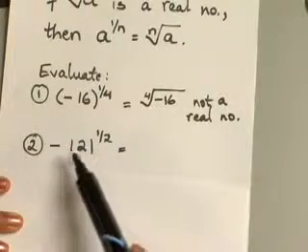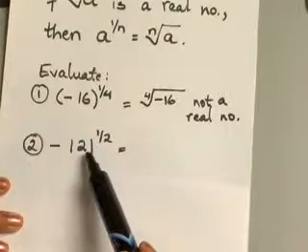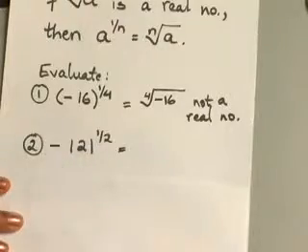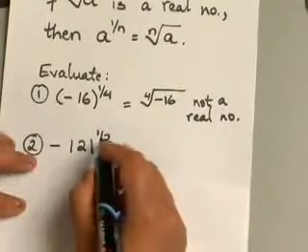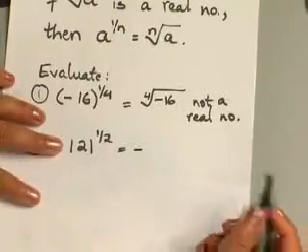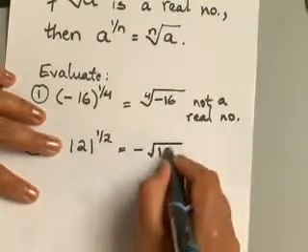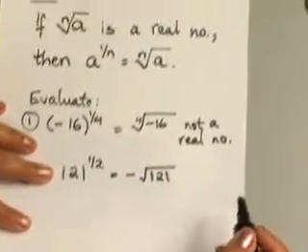What this expression means is that the 1/2 is only on the number 121 and the negative is outside. So when you convert this into a radical, the negative will stay outside, and then you take the square root of 121.